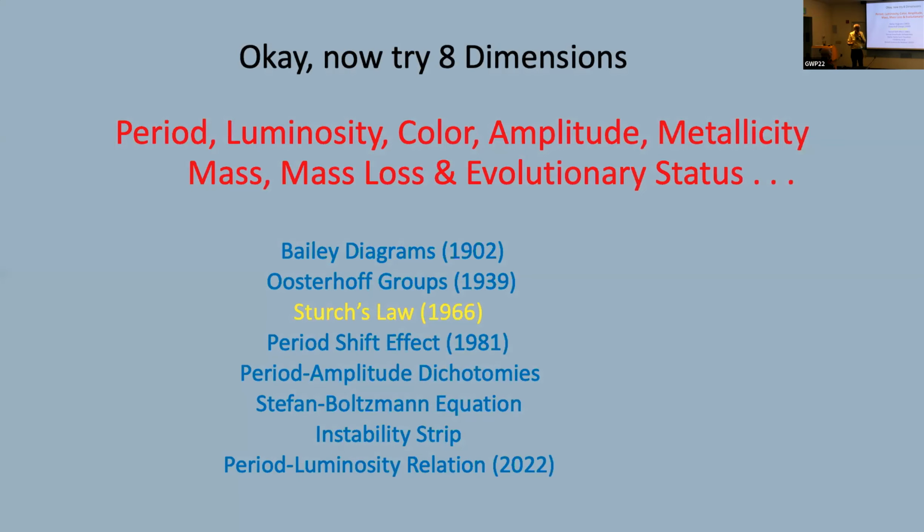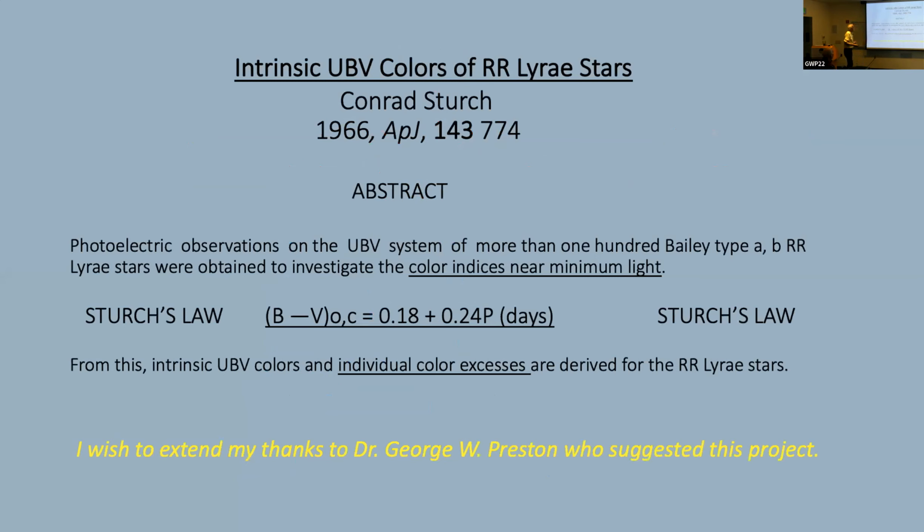But what about this thing called Sturch's law? Conrad Sturch, he's smiling. Conrad Sturch in 1966 went into George's office and said, "Do you have a thesis for me to work on?" And George said, "Go measure UBV photometry of our Lyra stars and come back in a couple of years and tell me what you found." Well, what he found was that the colors of RR Lyrae stars at minimum light all have the same color. There's a little bit of a trend with period, but they all have the same color.